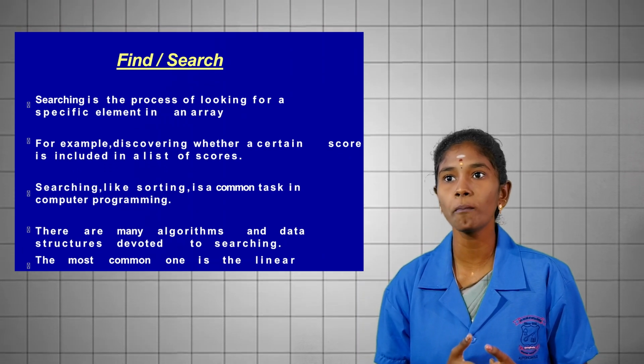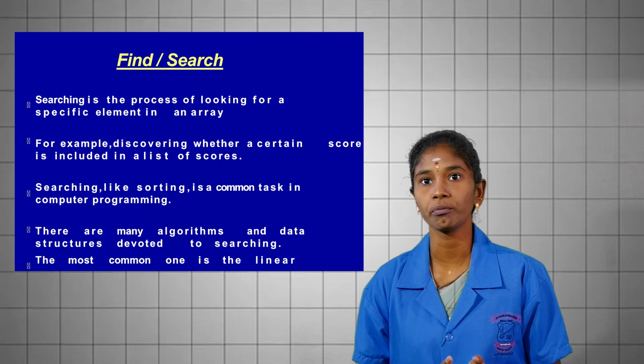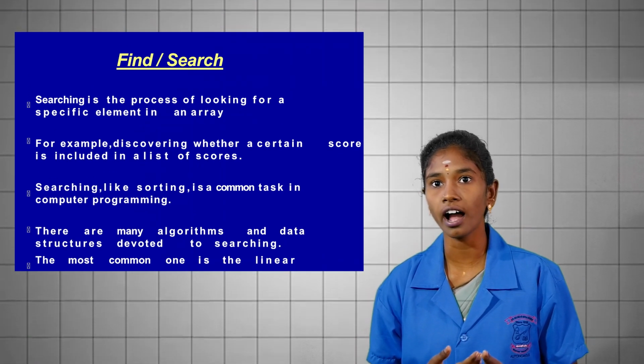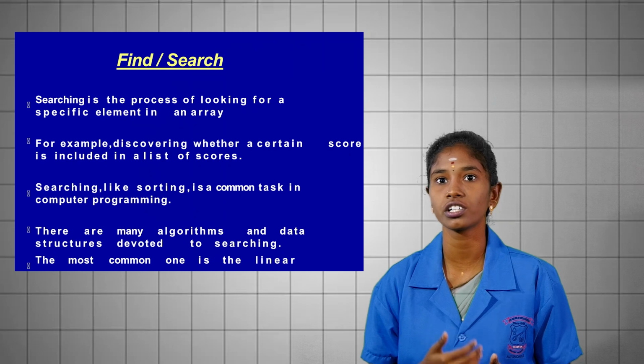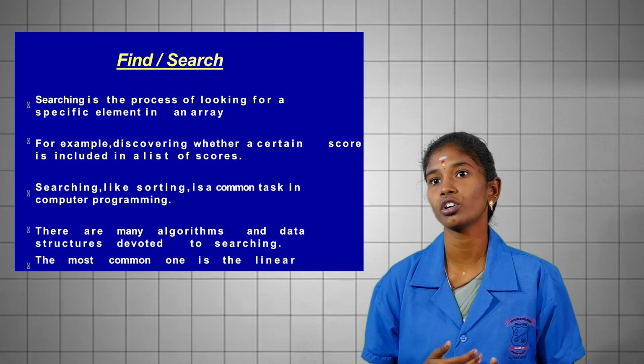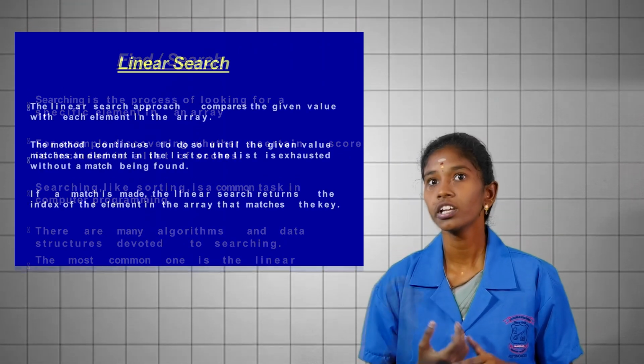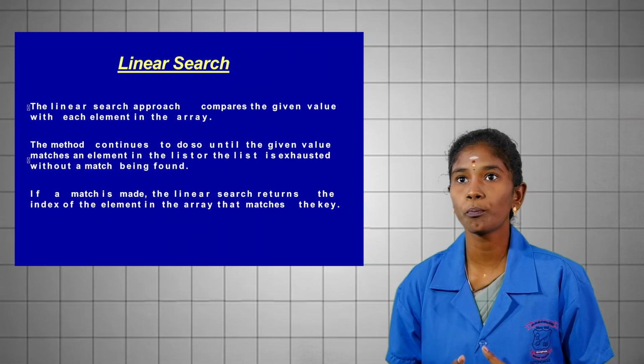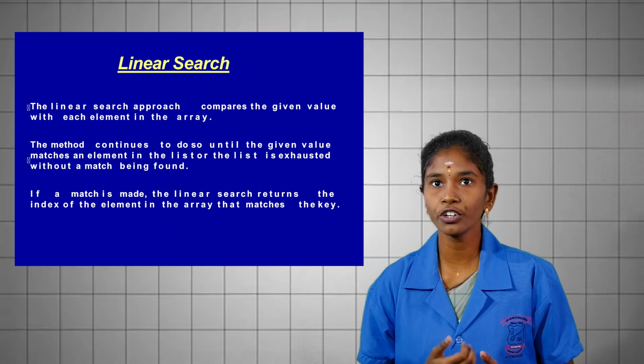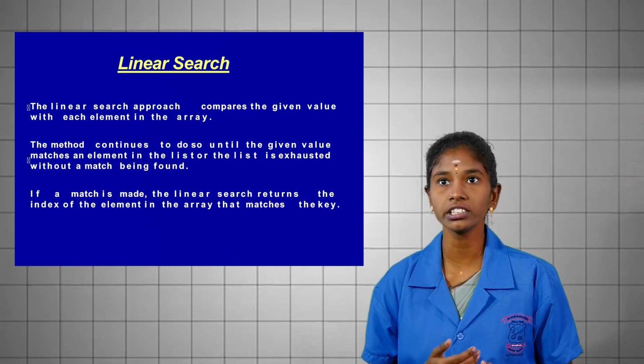Searching is a common task in computer programming. There are many algorithms and data structures devoted to searching. The most common one is the linear search approach. Compare the given value with each element in the array.